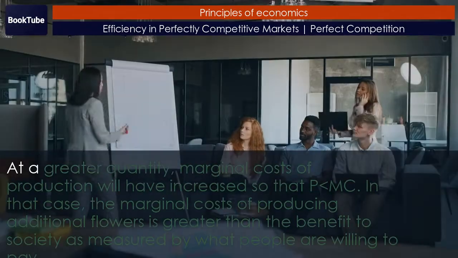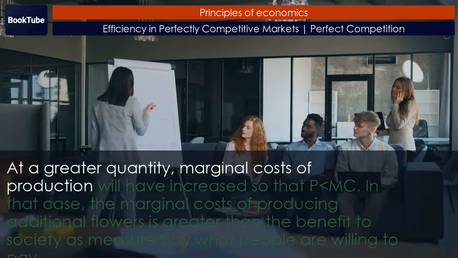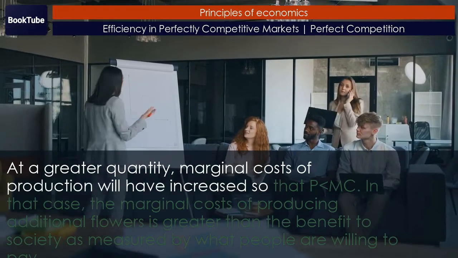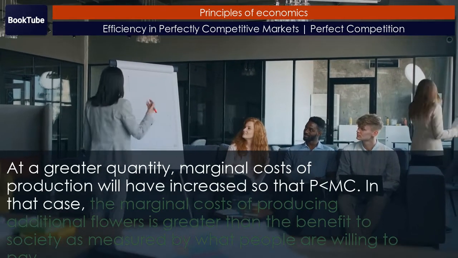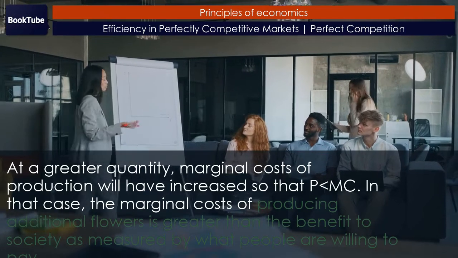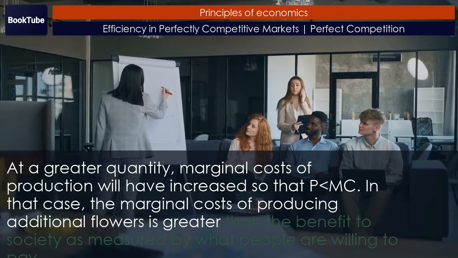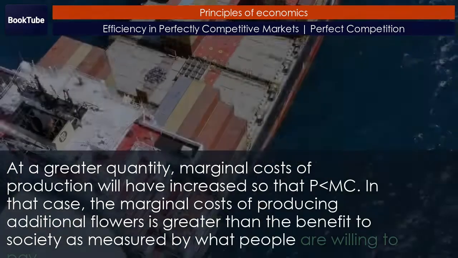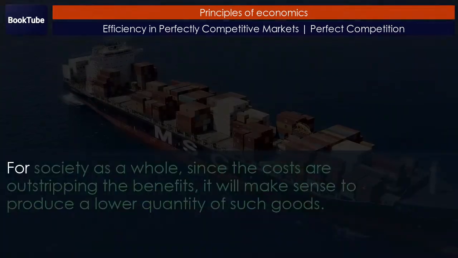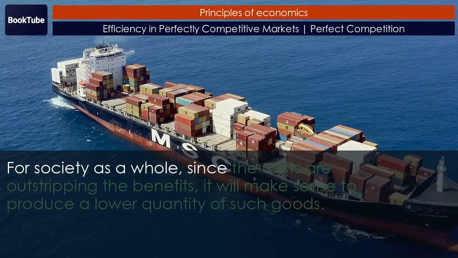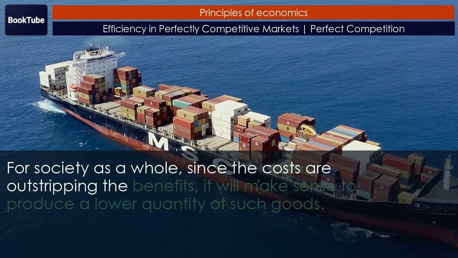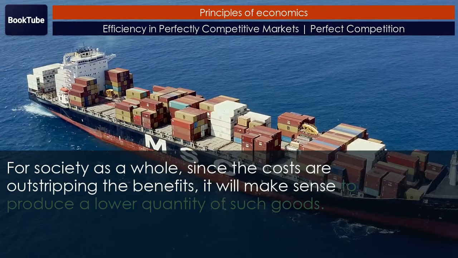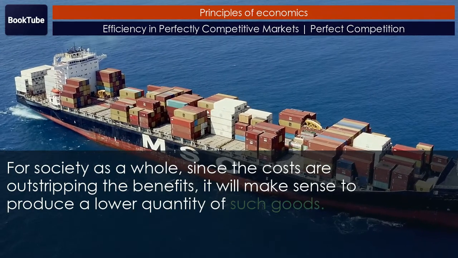At a greater quantity, marginal costs of production will have increased so that P is less than MC. In that case, the marginal cost of producing additional flowers is greater than the benefit to society as measured by what people are willing to pay. Since the costs are outstripping the benefits, it will make sense to produce a lower quantity of such goods.